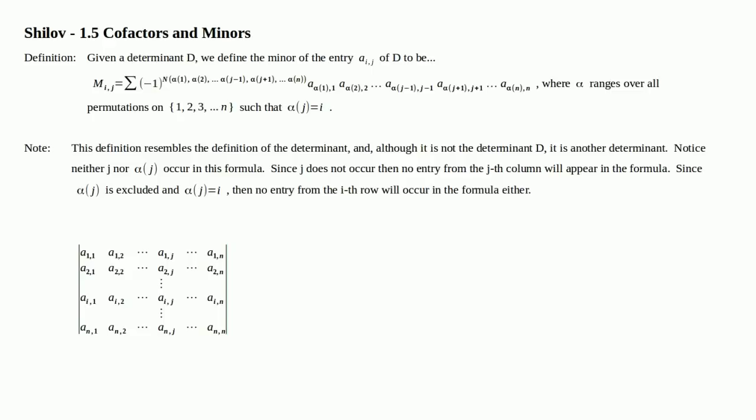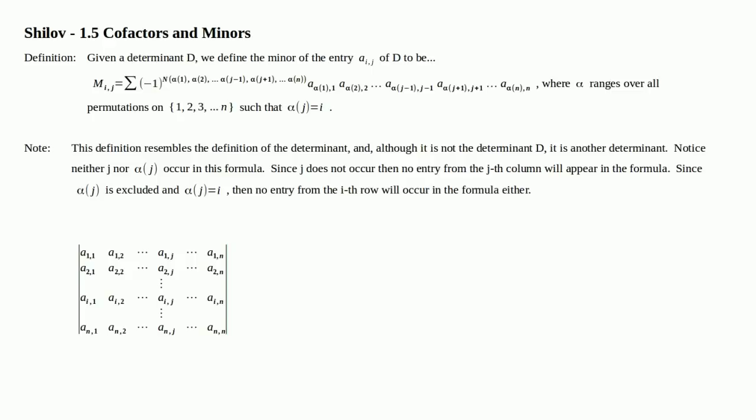And what I want you to notice about this definition is, if you go searching for a sub alpha j, you're not going to find it. You'll notice that it's missing. And alpha of j does not appear in the inversions either. It's not there.